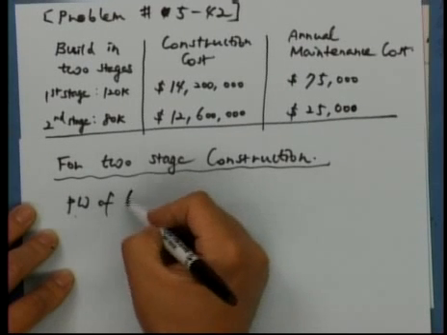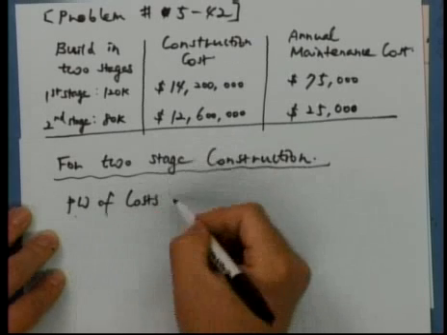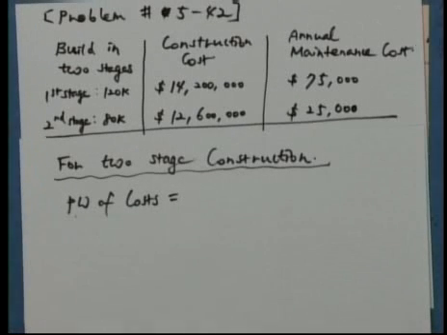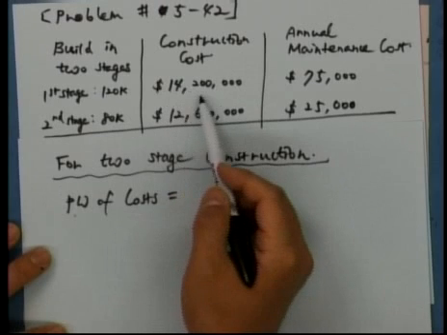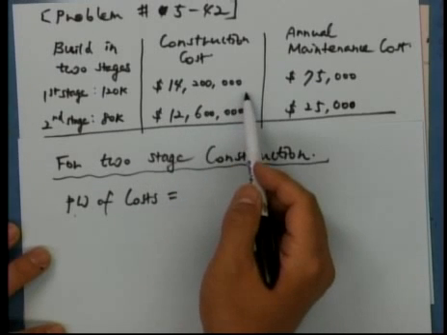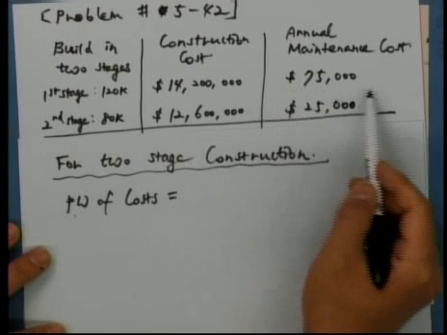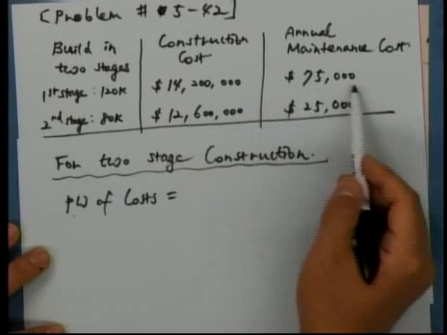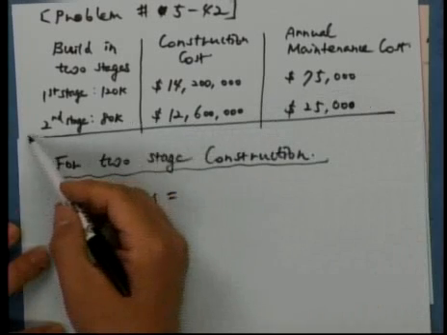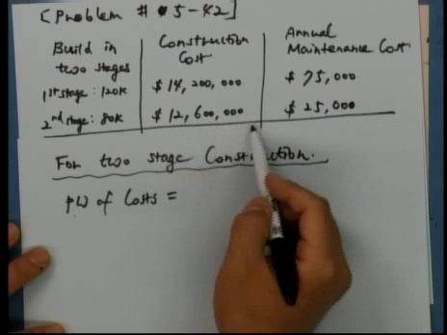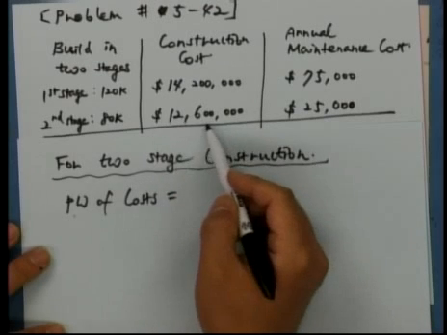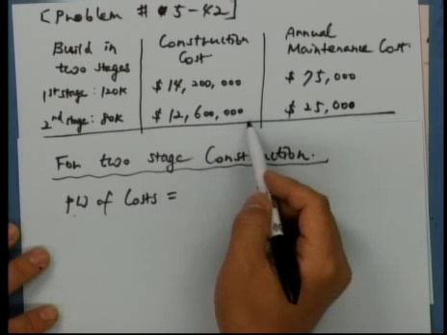For this option, we need to consider a construction cost of $14,200,000 right now, and annual maintenance cost of $75,000 for the next 25 years. And additionally, the construction cost of $12,600,000, at the end of 25 years.